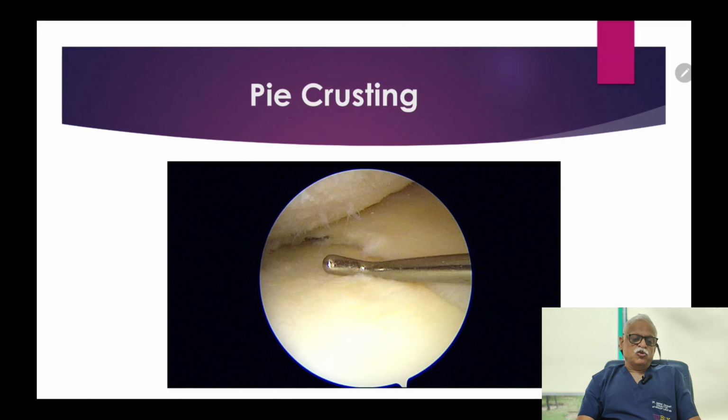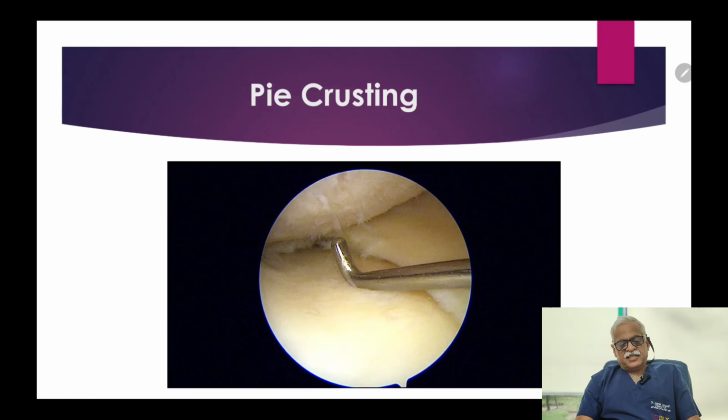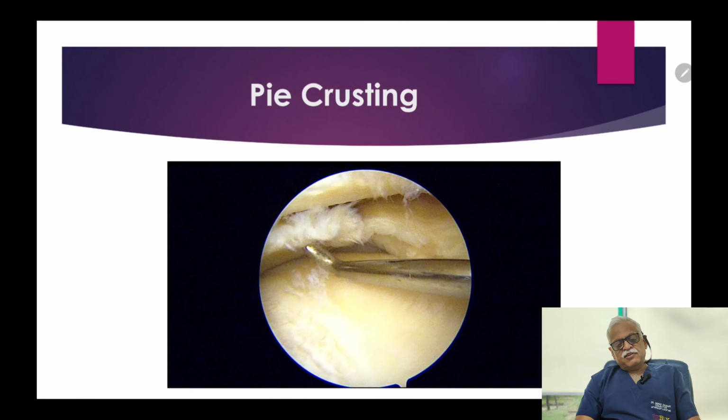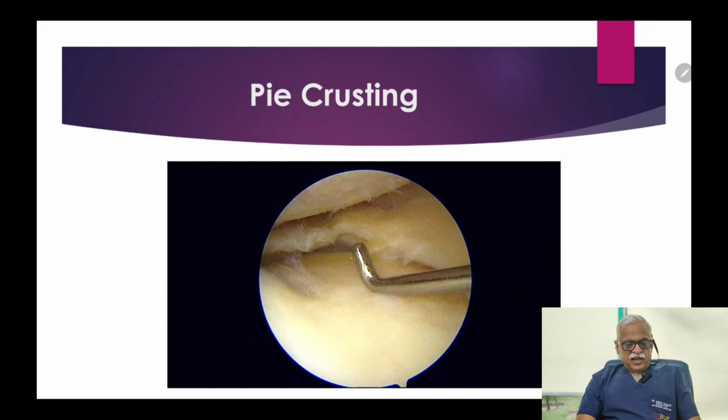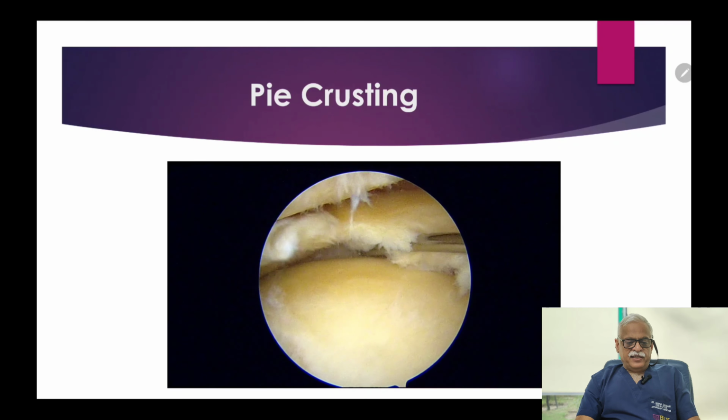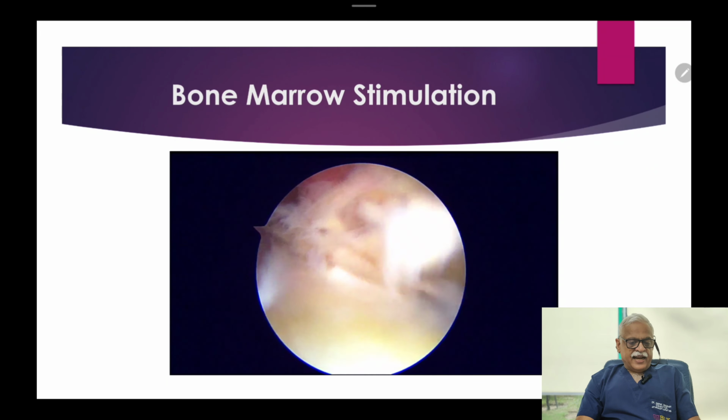This allows you to approach the posterior horn of the meniscus in a tight knee and avoid the cartilage damage which can otherwise occur while attempting a meniscal repair. So this is a very important technique which must be used in each and every tight knee.